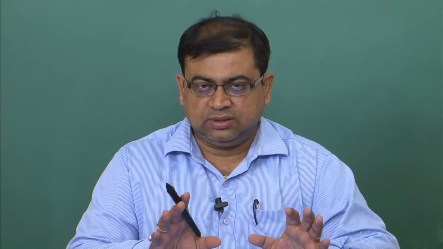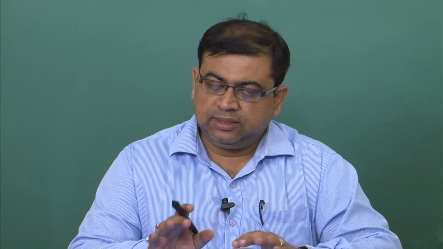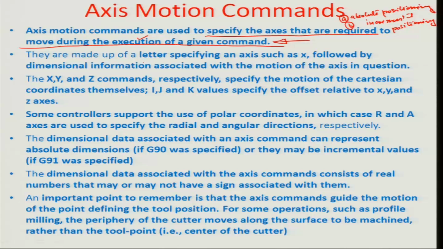In the next line, if there is a certain other X, it will automatically give you a relationship between how to move between the previous X and the next X. The motion is represented in more than 2 lines in such a system. So the letter specifying X followed by dimensional information is associated with the motion of the axes in question.